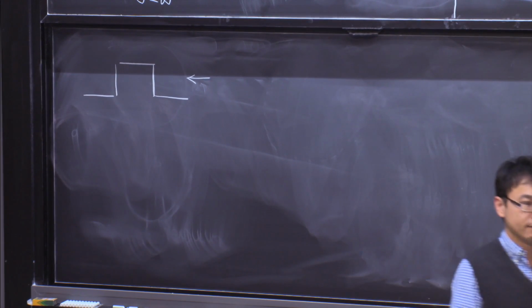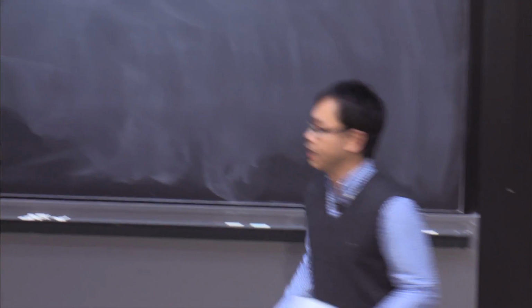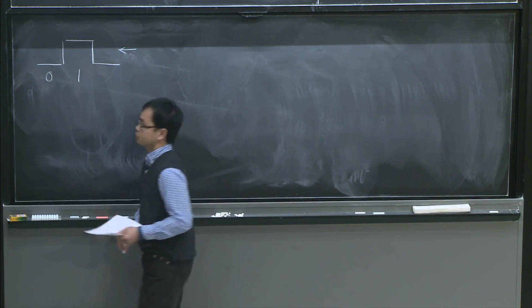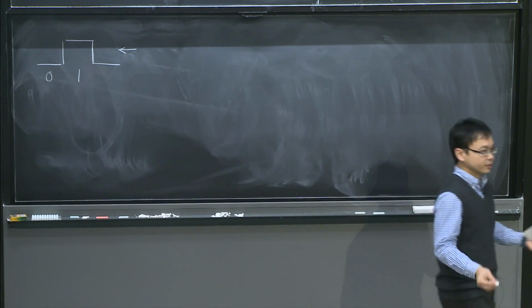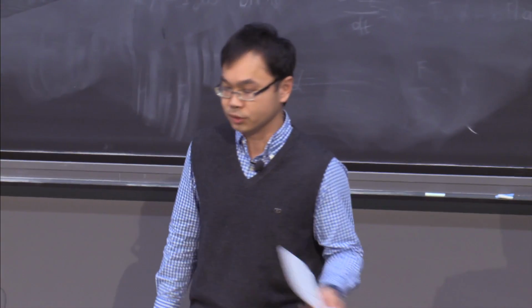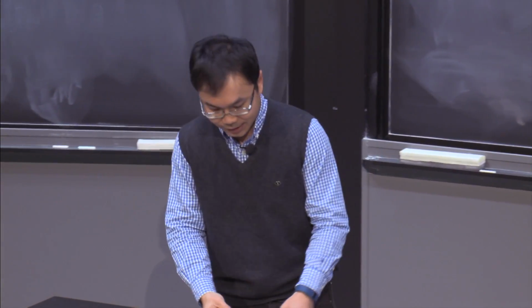If the pulse has an amplitude greater than the threshold, I say I got a 1, and if it's below the threshold, I say I got a 0. That way, we can send information from one place to another. That sounds all really nice.